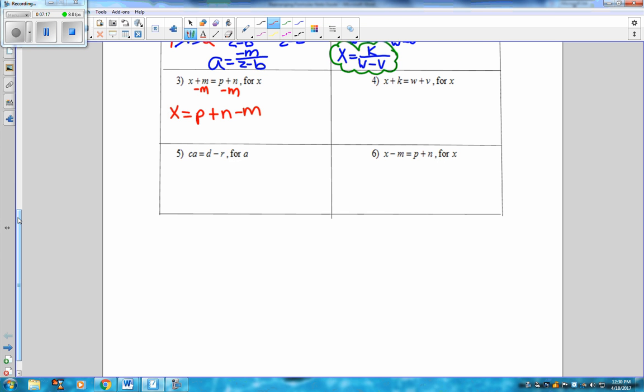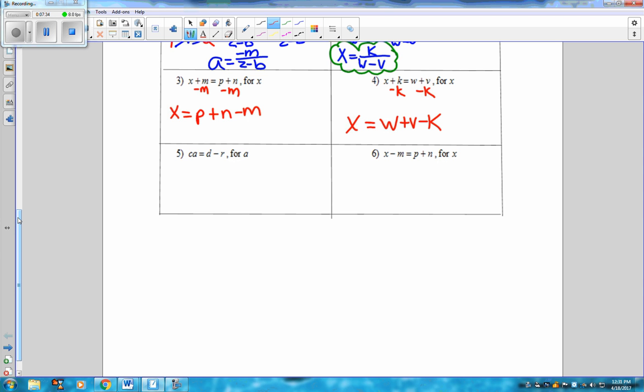Next, to get x by itself, I'm going to subtract k from both sides. So that I get x is equal to w plus v minus k. None of those variables are like terms, so I cannot combine anything at that point.